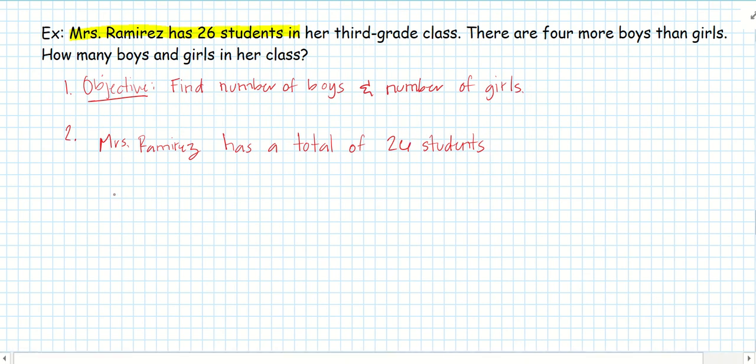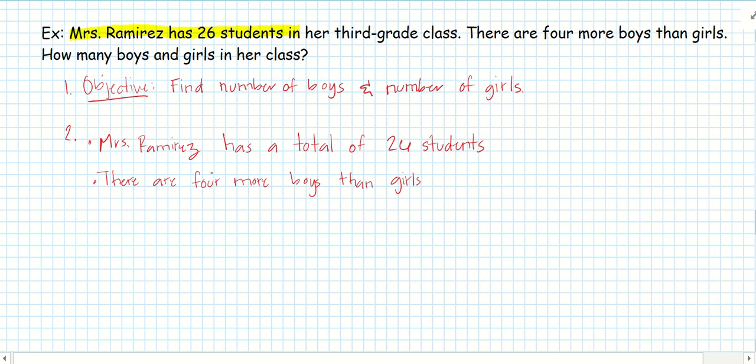Now the other sentence says that there are 4 more boys than girls. Okay.